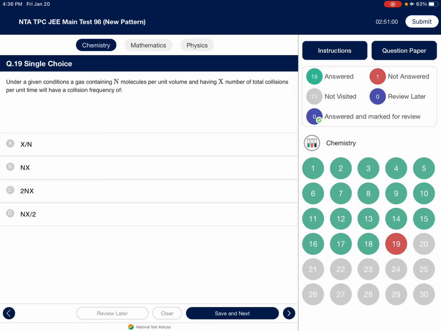Volume is the same. Number of collisions. N by V is mentioned, so x into n by V. Okay, I would like to go with this. This is a pure wild guess. Okay, now 2nx I want to go with.